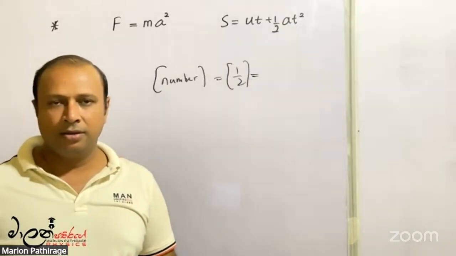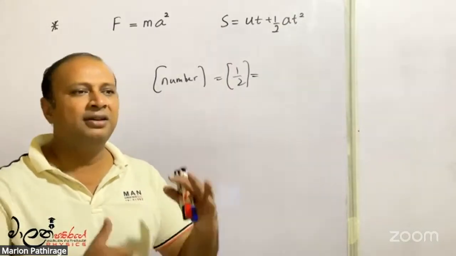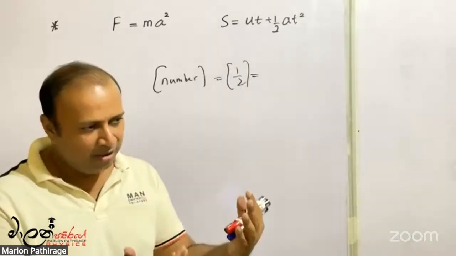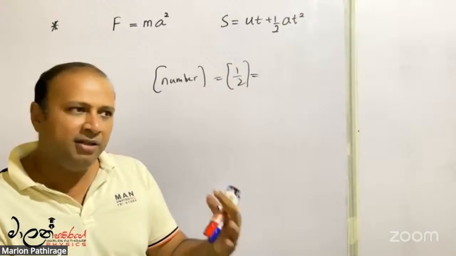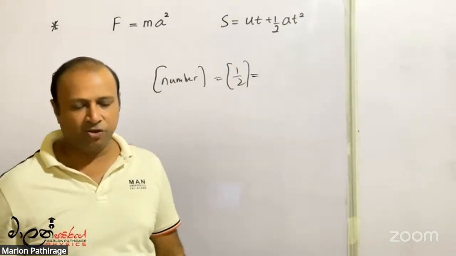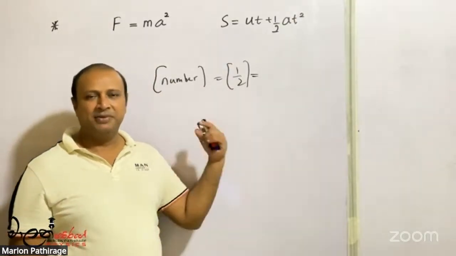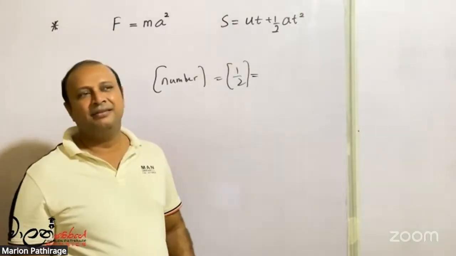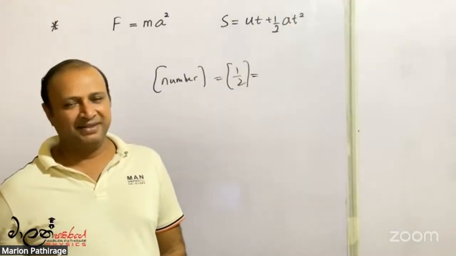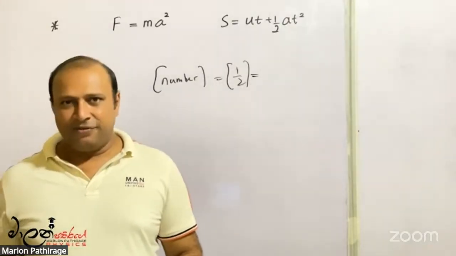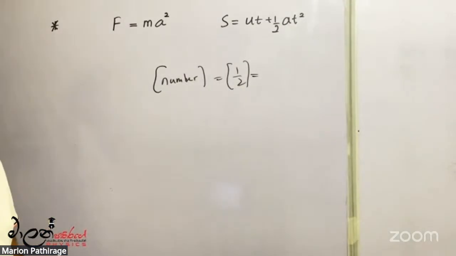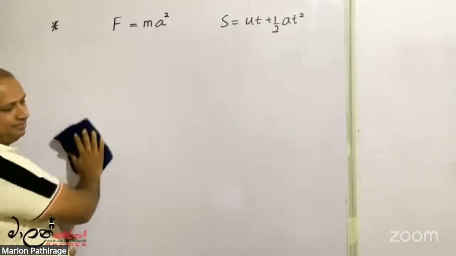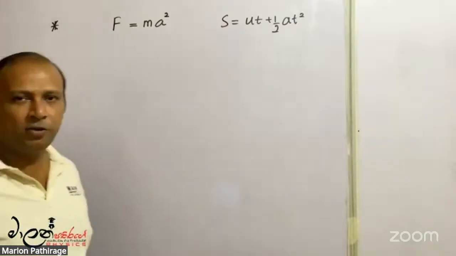Therefore, if we write a dimension for any quantity, there should be a physical quantity. Numbers are not physical quantities, so there is no relationship between numbers and any other physical quantities. Therefore, numbers do not have dimension. That is the third rule.